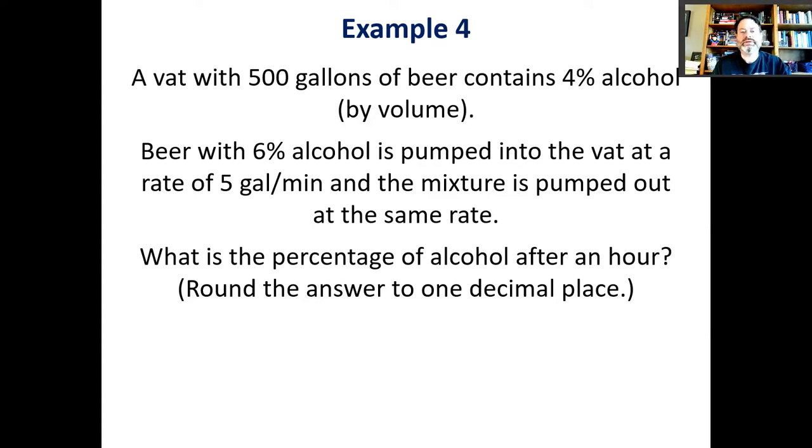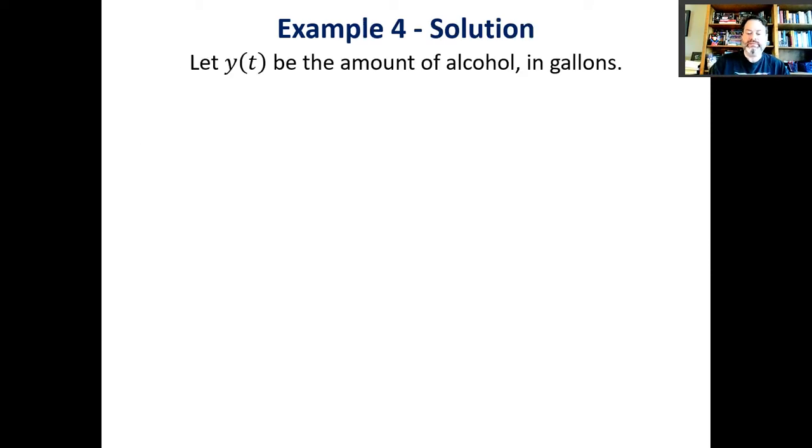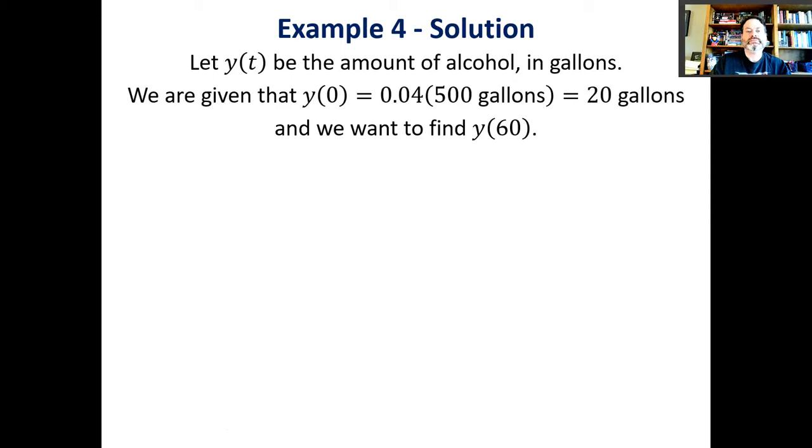So again, the way we do this is we're going to set y equal to the amount of alcohol in the vat at any particular time. So that's the first thing we do. Right? So it's in the vat. And we're given the initial condition that there's 500 gallons and it's 4% alcohol.